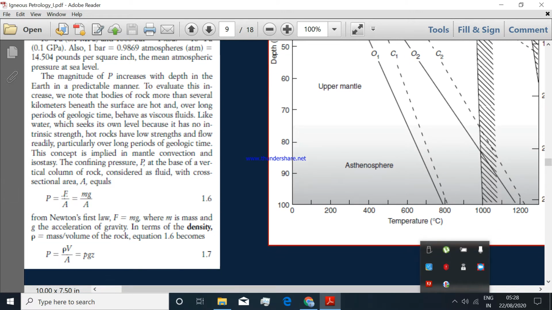And pressure is known as the force by area, that is mg by area, and from Newton's law of gravity, mg can be substantiated from density, that is rho v, the mass per volume of the rock into the volume, that means the mass per unit area.